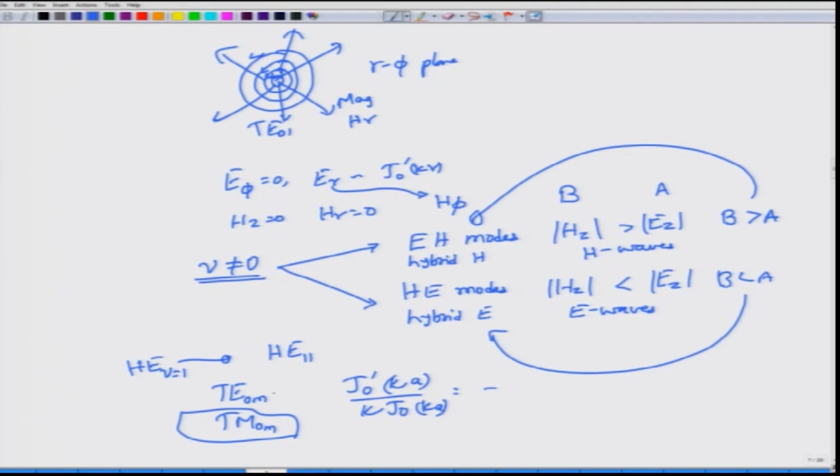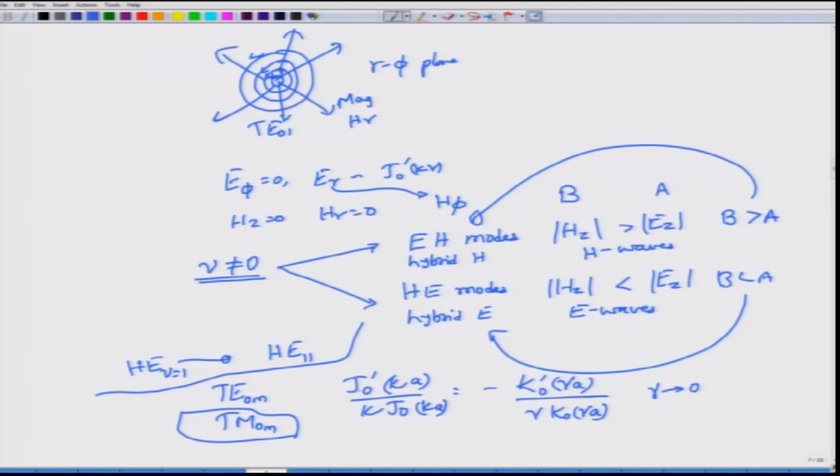So, for TE0M modes this must be equal to K0 prime gamma A divided by gamma K0 gamma A, and we know that this TE0M mode will experience a cutoff when gamma goes to 0. So, when gamma is 0, gamma going to 0 means that this term here will be infinity on the right hand side.